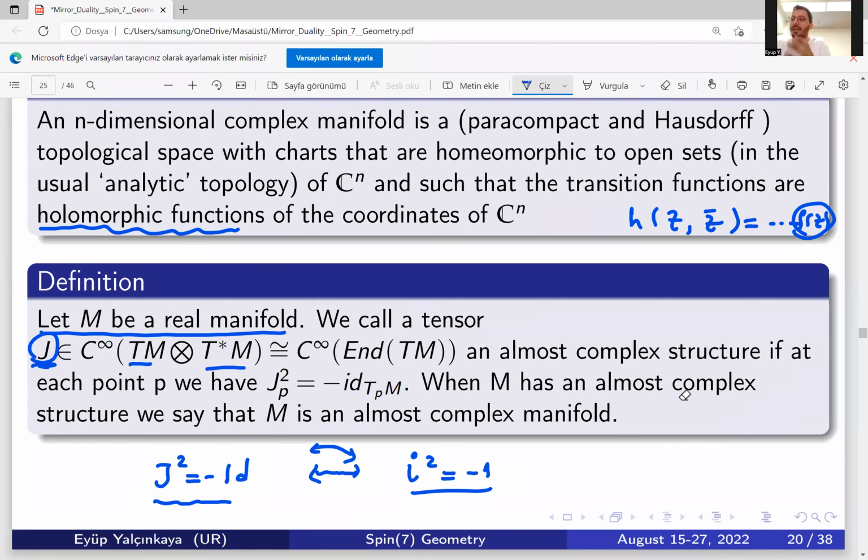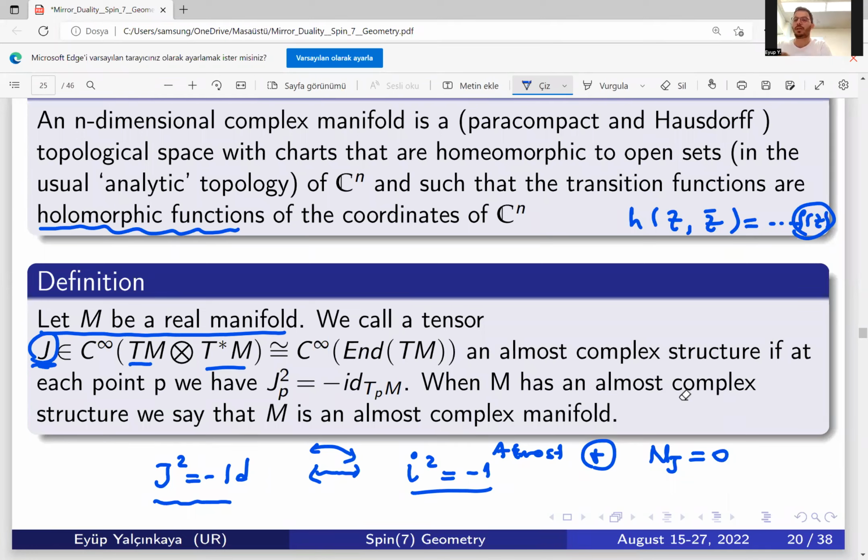Also, if this almost complex structure satisfies another condition, that the Nijenhuis tensor equals 0, we define a new type of tensor, and if it is equal to 0, we can say that this manifold is a complex manifold.